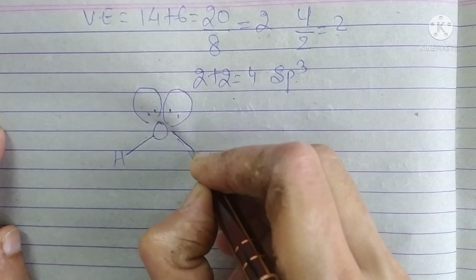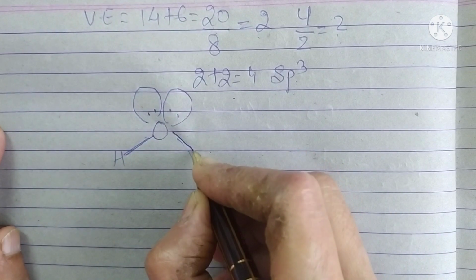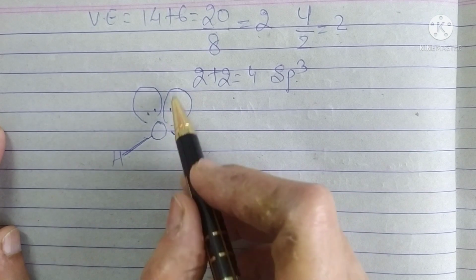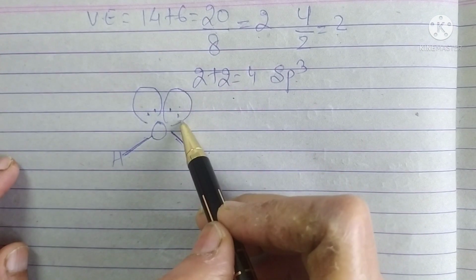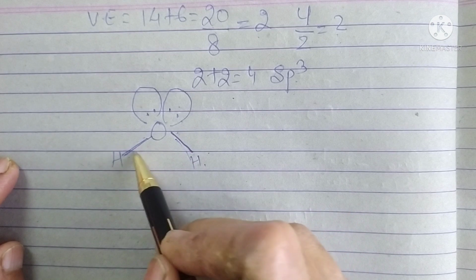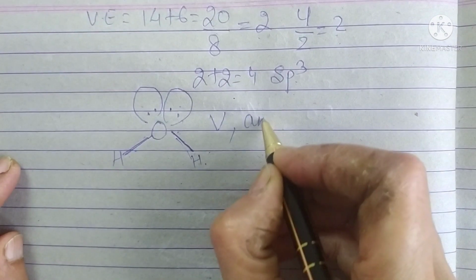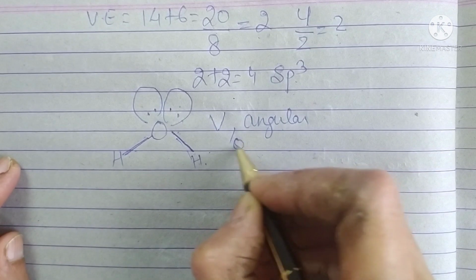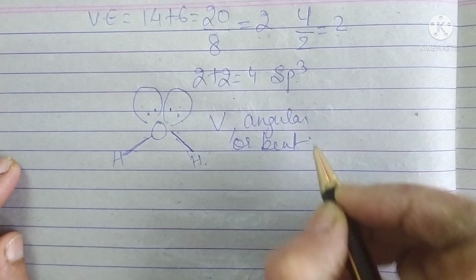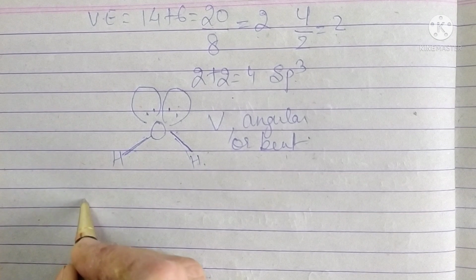So this is the shape of the water molecule. Now the electronic arrangement is tetrahedral, but the shape of the molecule is V, angular or bent shape.